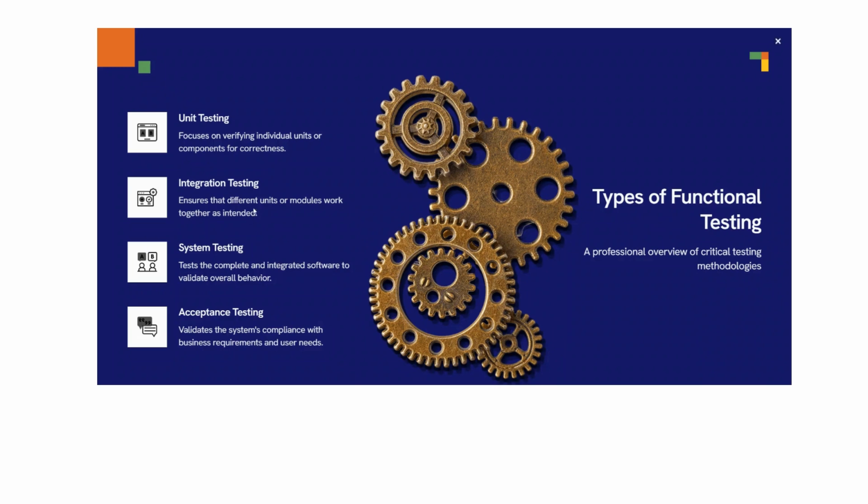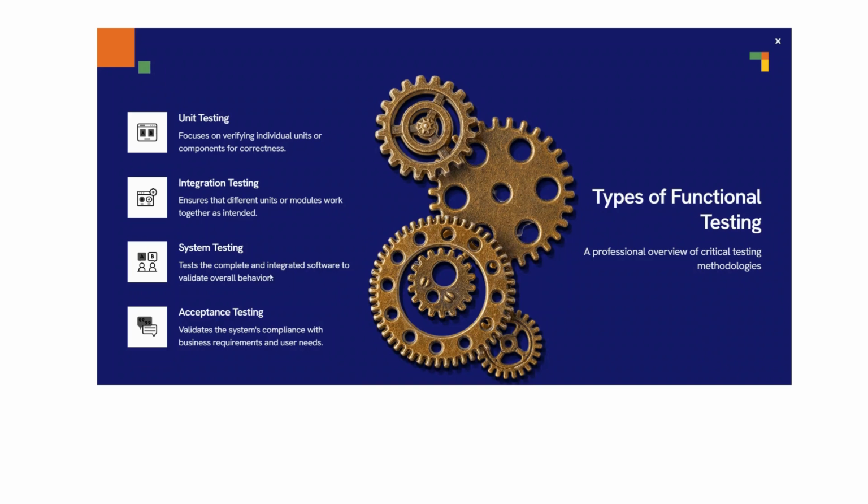Integration testing ensures that the different units or modules work together as intended. Suppose you are working on some application like login, and after login you are redirecting to some third party. So we need to check both the modules, whether they are integrated well or not. System testing tests the complete and integrated software to validate overall behavior.